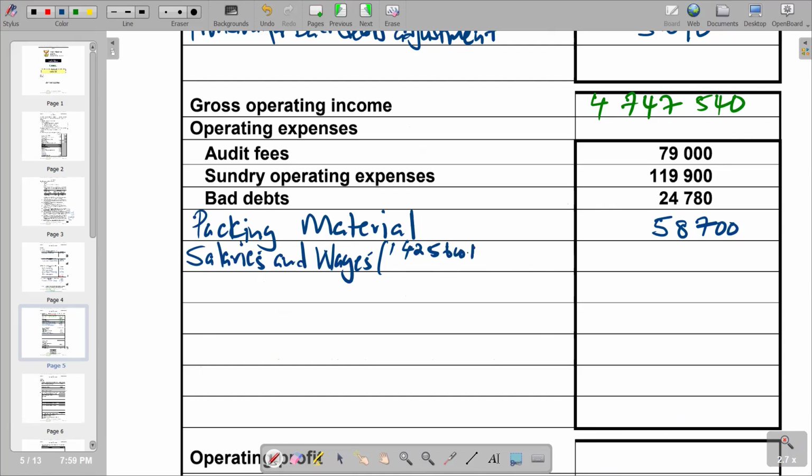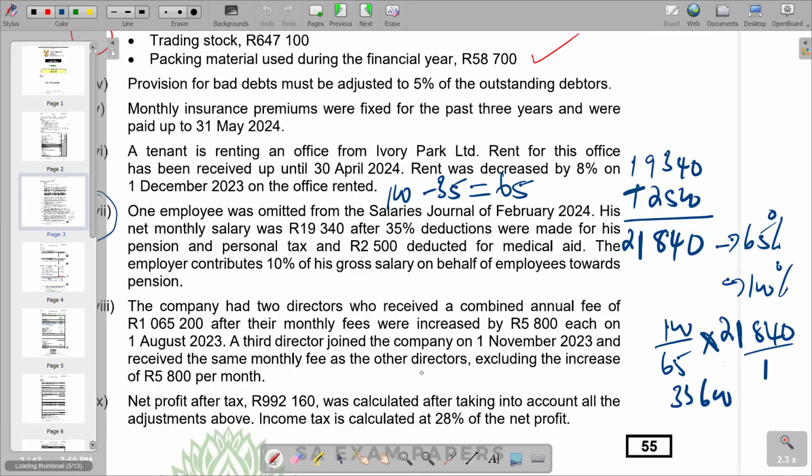And then we add the one that we have calculated, 33,600 as the gross salary, which was omitted. And then from there, we are supposed to add the remaining, that is the employer contributes 10% of his gross salary. So it's going to be 10% of 33,600, which is going to be 3,360.